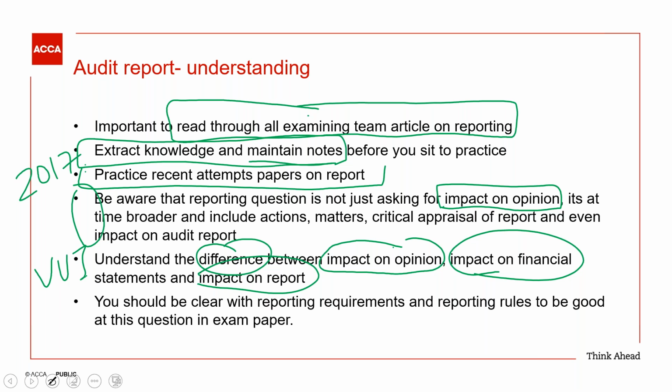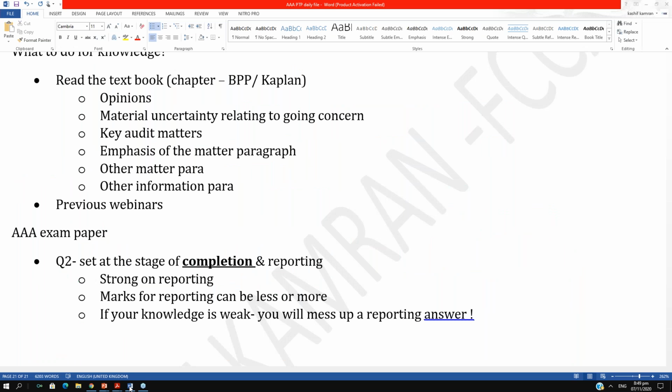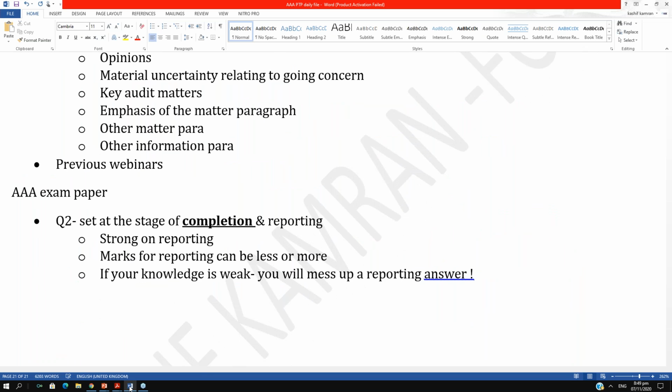But bullet number 5 is telling you to understand the difference between impact on opinion, impact on financial statements, and impact on report. This is something so very important that I just want to discuss it with you.